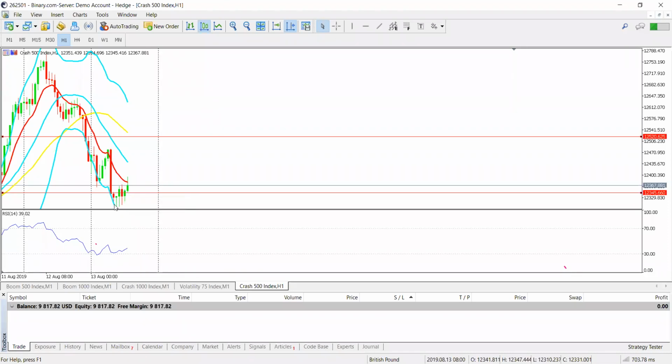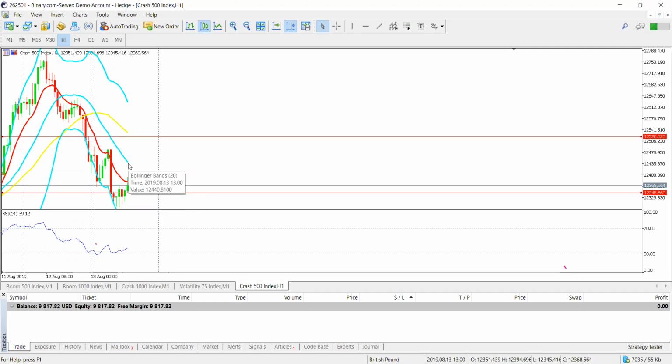You can see the wicks here showing you the loss of power on the sellers, but then it failed to cross the 10 EMA and then it crashed again. But I think what it's gonna do from this candle is just push its way up, because it wants to go on an uptrend very badly.